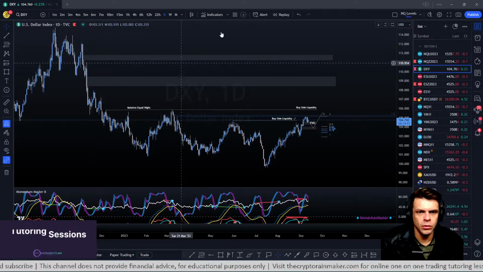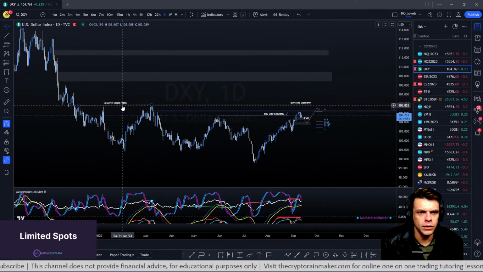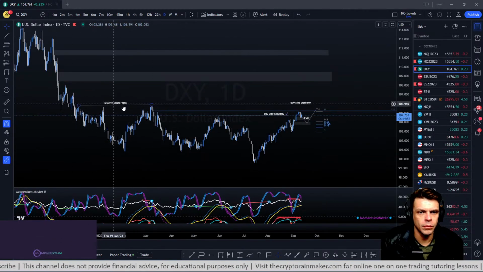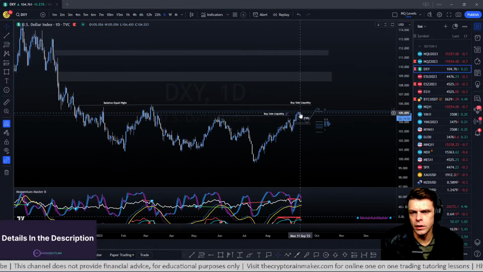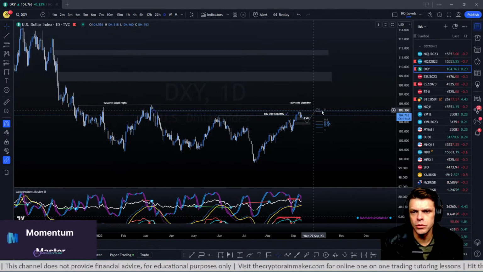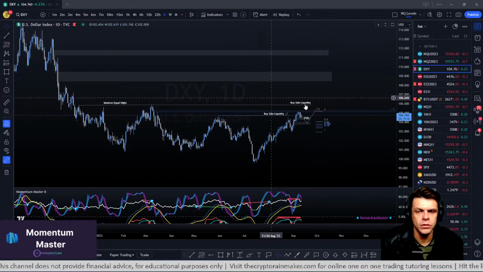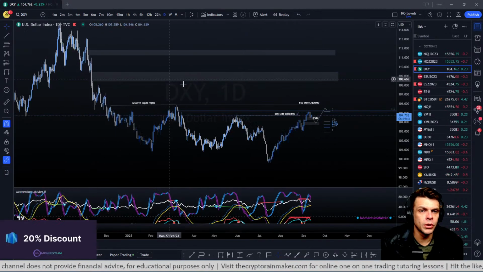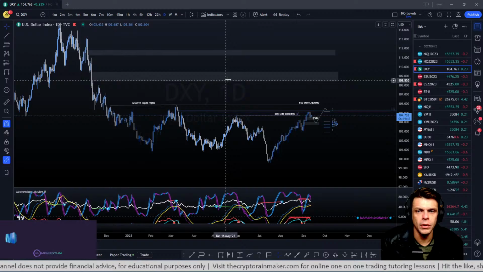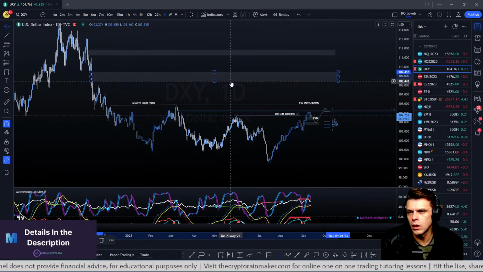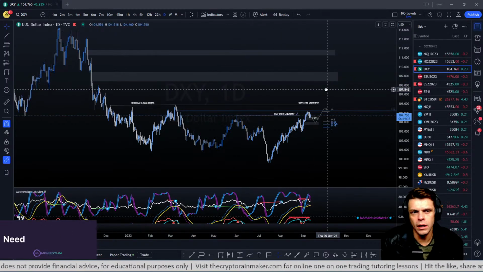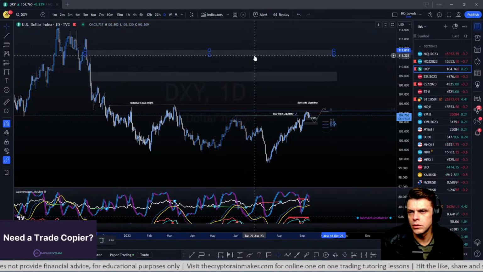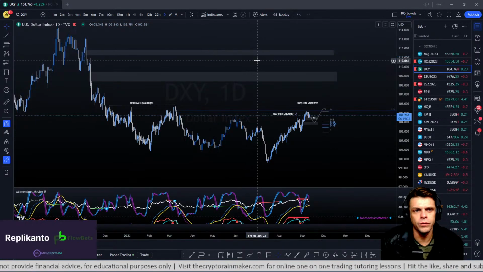But these ones has got my interest because we have these relative equal highs right here. So if we get the retrace and then the bounce and break through the volume imbalance, then we could potentially see a move towards these inefficiencies. And this one starts at 108.448, and the next one is at 111.235.